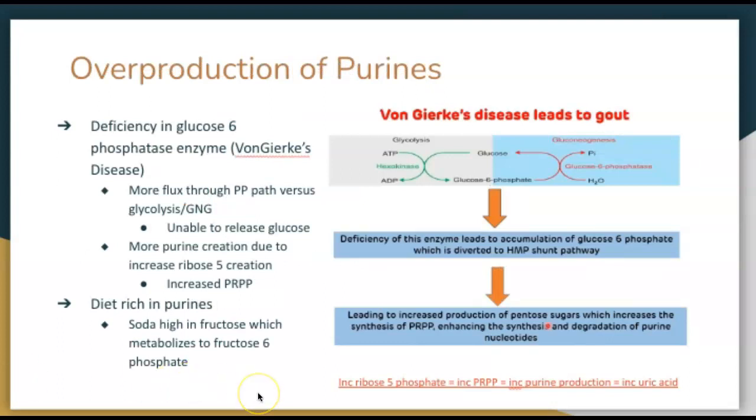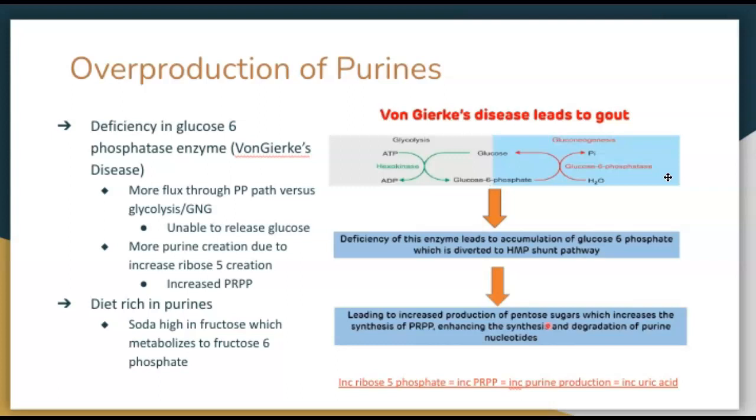Next, overproduction of purines. This can happen a couple different ways. You can have a deficiency of glucose 6-phosphatase enzyme, and this would be called von Gierke's disease. Essentially, glucose 6-phosphatase is the enzyme that helps release glucose free into the system from glucose 6-phosphate. If that enzyme's not working, we're going to have excess glucose 6-phosphate.